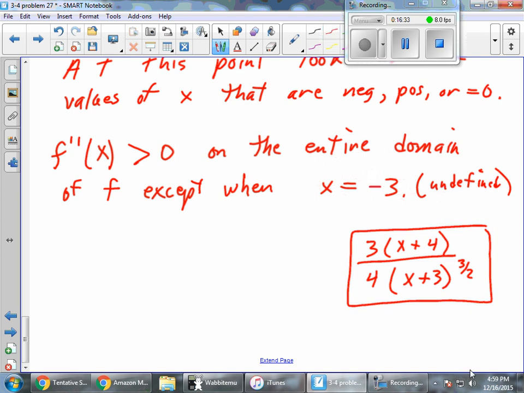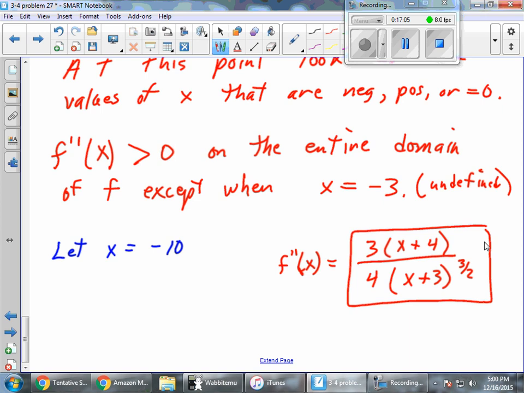So, pick a value, and let's keep in mind this is f double prime of x. Let x equal something like negative 10. Okay? When you do this, it'll go negative 10 plus 4 is negative 6. 3 times negative 6 is negative 18.